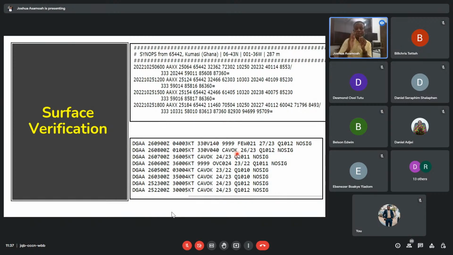So you are combining three things: the visibility, the weather, and the cloud. There's also no weather happening in the atmosphere. There's no rain. There's no mist, fog, or anything like that happening. So all the three will come together. So once you see CAVOK, it means that the weather is good, visibility is okay, no cloud at the lower levels. So pilots will be happy seeing this kind of code when you send them the METAR.